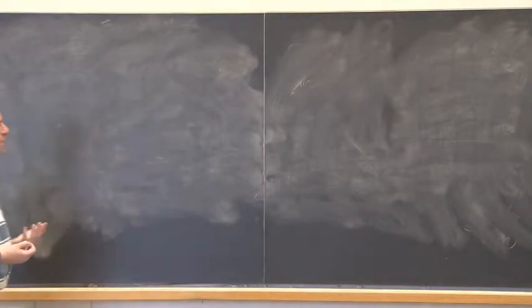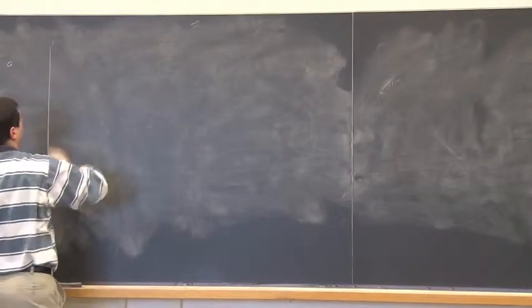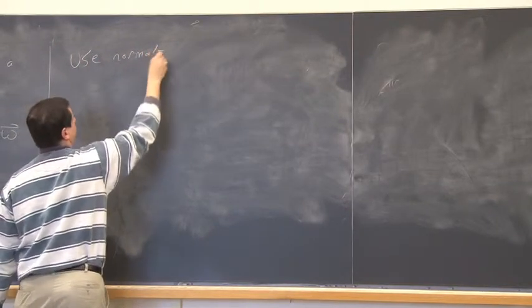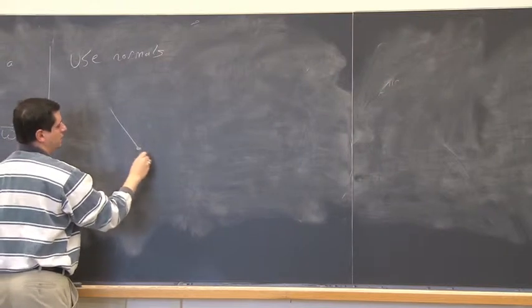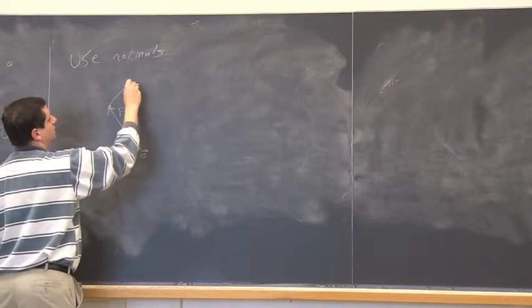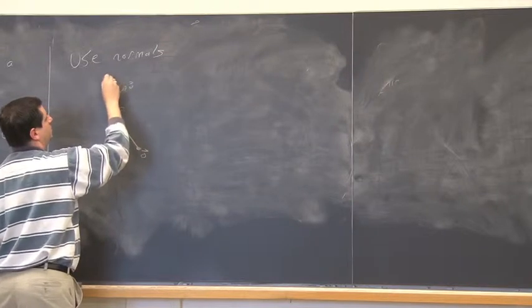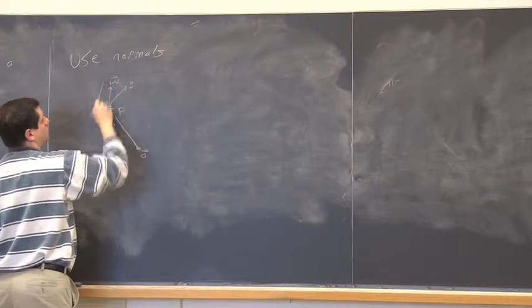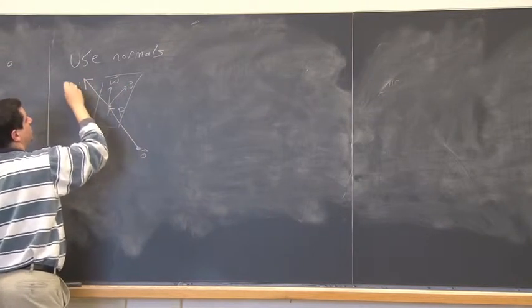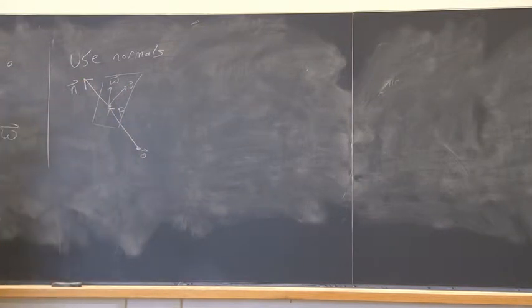So another way of looking at this is to use normals. And so here's 0, here's our vector P, here's v, here's w, here's our plane, and with really good imagination, there's our normal vector.